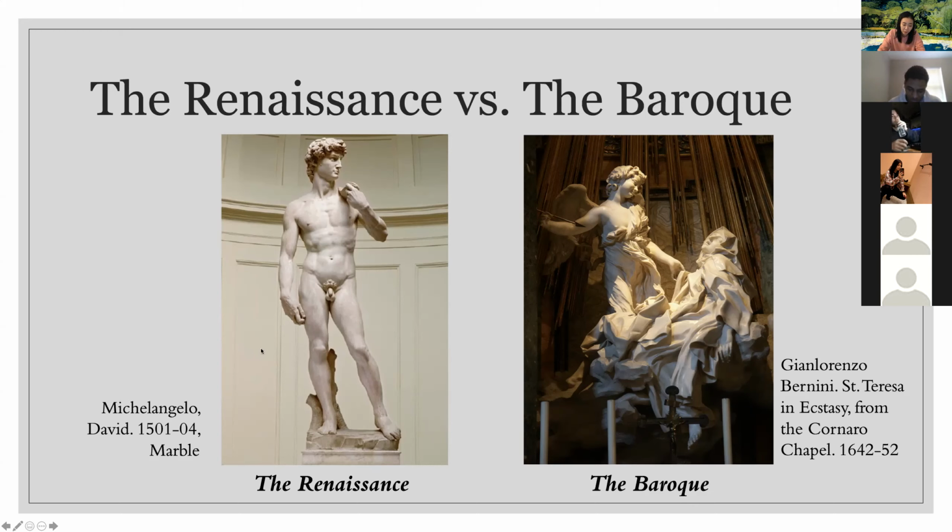So the David statue, the left one, shows the beauty of balance. It shows the ideal beauty. And it is very bright to celebrate the hero, right? On the other hand, the Baroque sculpture, Saint Teresa, is dramatic, even theatrical, and it shows heavy light contrast by locating the sculpture in a dark spot and using window light from the top of the roof.